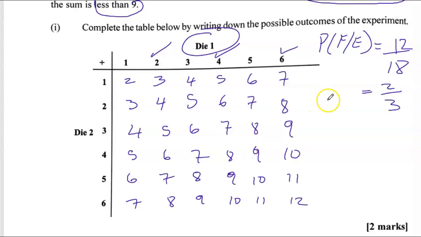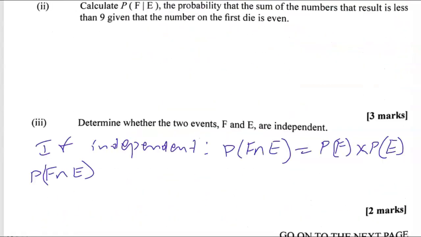So F intersect E will be 12 out of 36, since the entire total amount of numbers here is 36. And it's not conditional. So don't forget F intersect E is different from F given E. F given E is the assumption that we already know the number on the first die was even. This is from everything now. 12 over 36, which is 1/3.